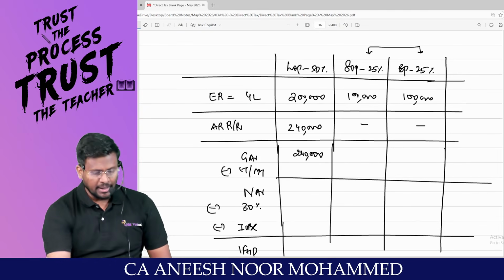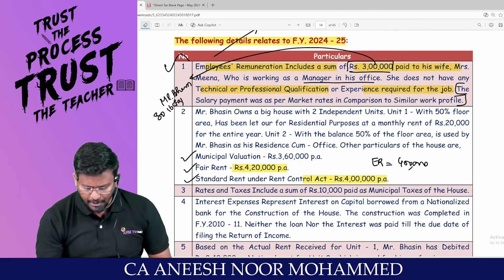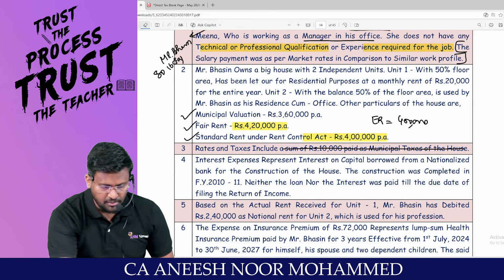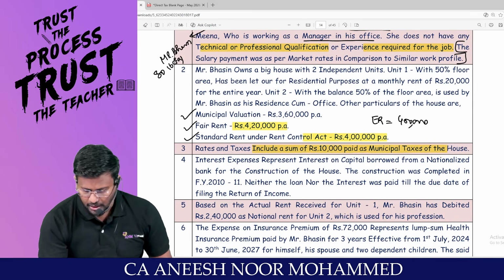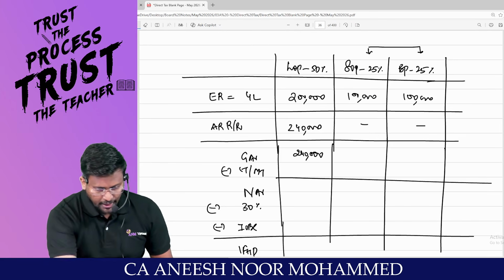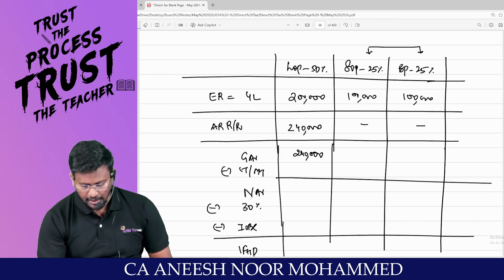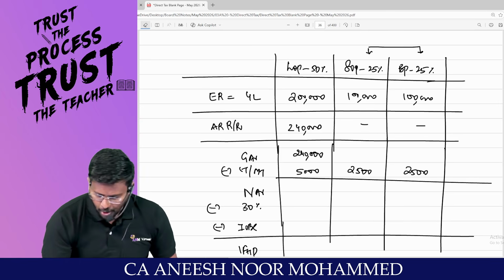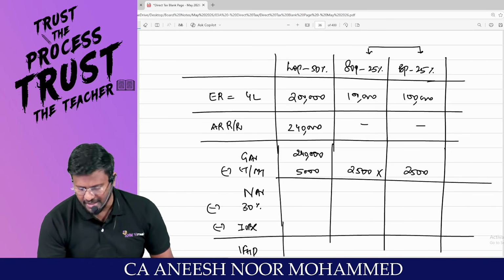Is there any municipal tax paid by the owner? Rates and tax include a sum of 10,000 paid as municipal tax of the house. So total is 10,000. Split it: 10,000 half, 5,000. Here 2,500 and here also 2,500. But for self-occupied property, this cannot be claimed as a deduction. I just apportion, that's it.